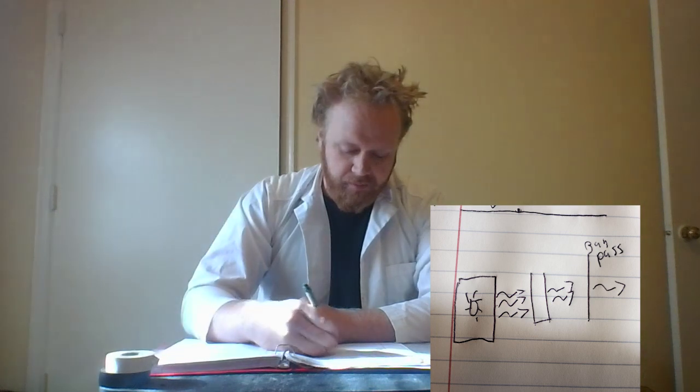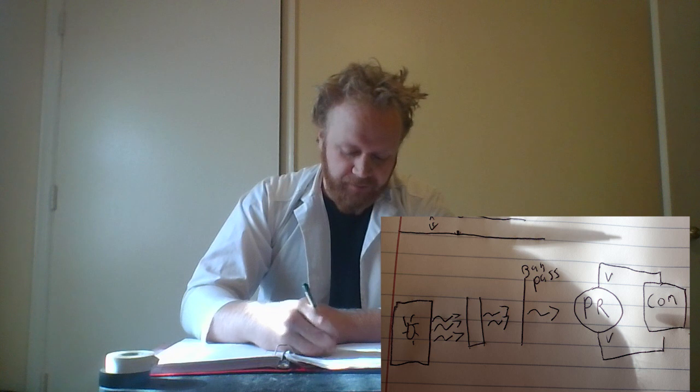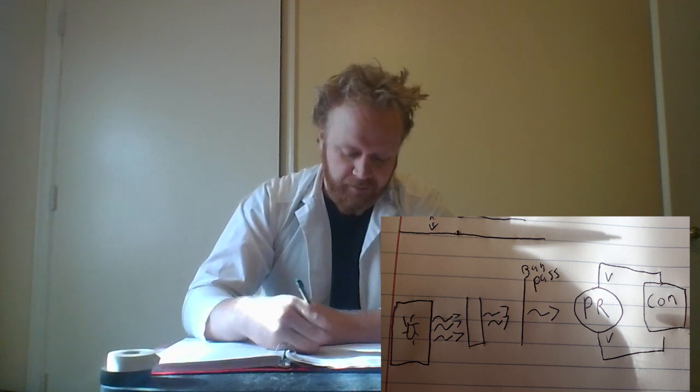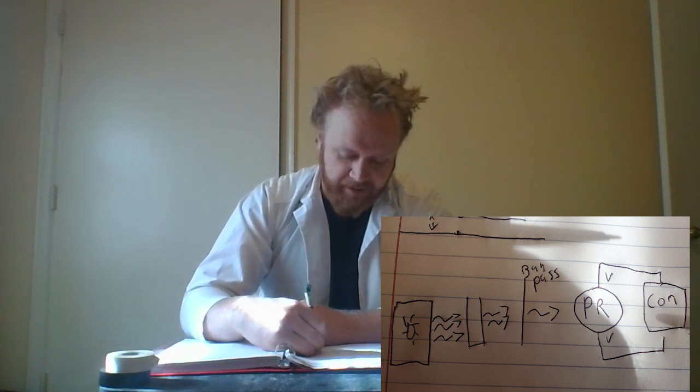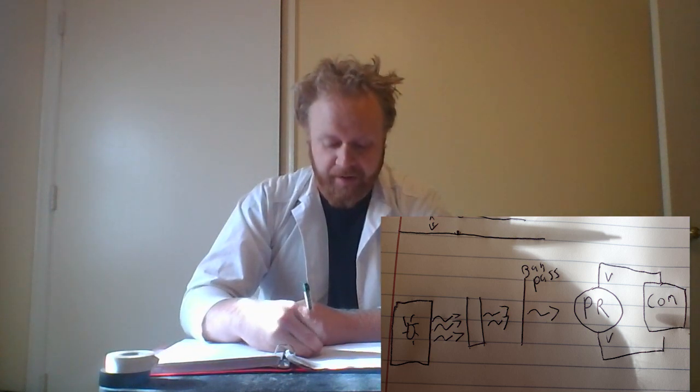That last little bit of light makes it through to a photoresistor, which we are reading the voltage across with, in my case, an Arduino computer, but whatever computational equipment you have.